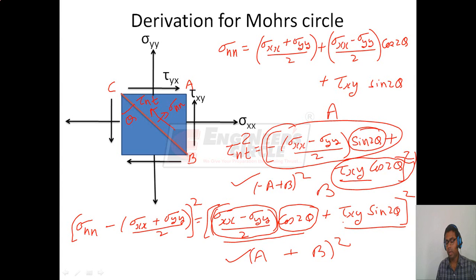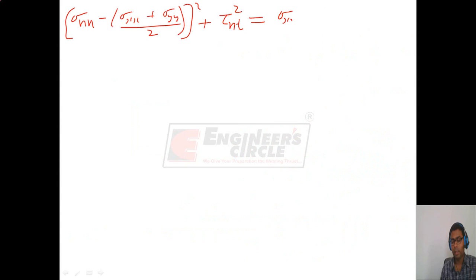Similarly, tau xy square will come as common, and cos square theta plus sin square theta will become 1, and minus 2AB and plus 2AB will cancel each other. Therefore, on the right hand side we will get sigma xx minus sigma yy by 2 whole square plus tau xy square.